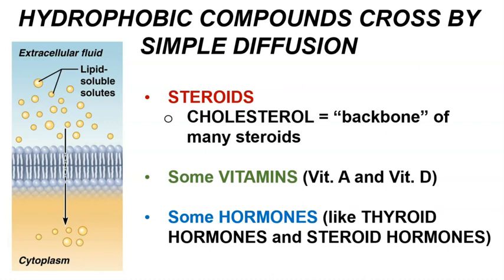These hormones include thyroid hormones as well as steroid hormones. And because steroids and steroid hormones are cholesterol-derived, they are able to cross the plasma membrane by simple diffusion. Steroid hormones include things like estrogen and testosterone, which are sex hormones, as well as some of the hormones that are manufactured by the adrenal gland.